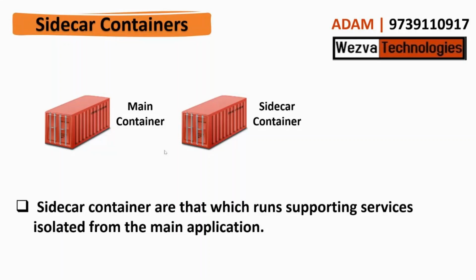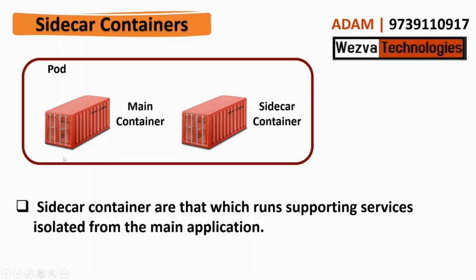Now what you have in the main container is the actual application which will be running, and customers or users will be using that. The purpose of the sidecar container is to run supporting services or applications along with it, so that the main container's focus is to run your actual application, and the sidecar helps run the supporting services isolated, so it's not getting mixed.